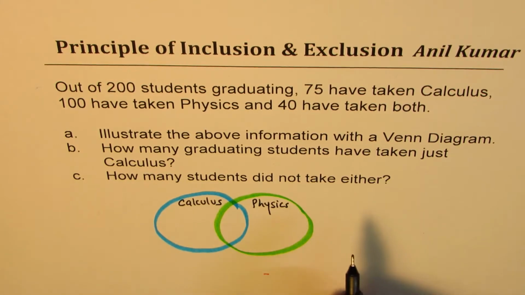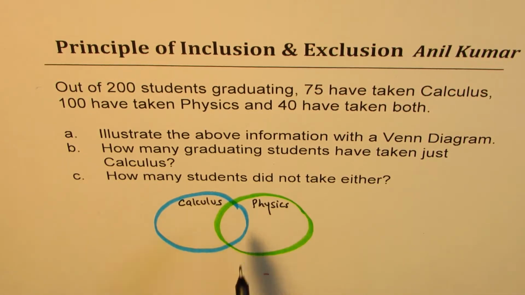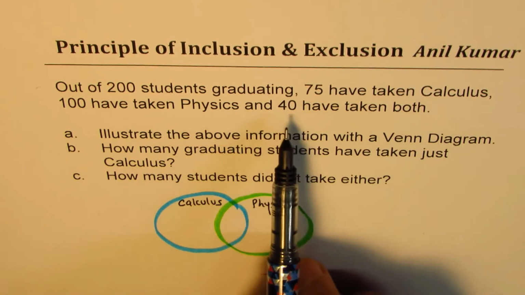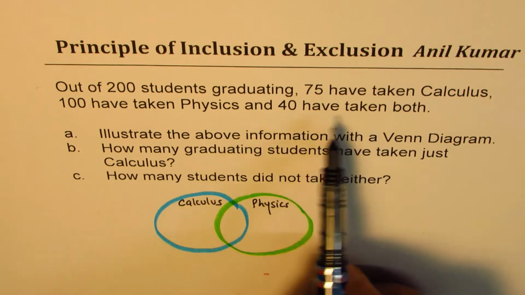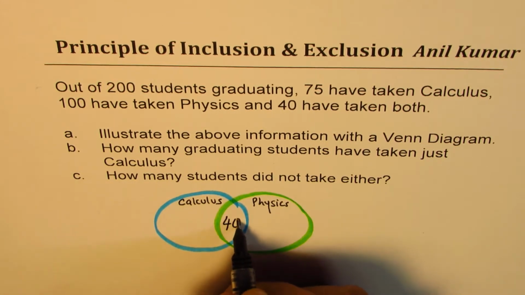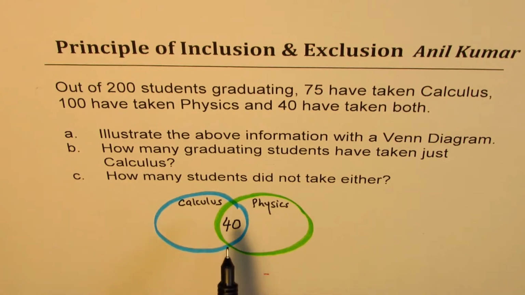Now whenever we are filling in numbers in the Venn diagram, we have to start from inside out. So we are given that 40 have taken both. So that is the inside number. 40 have taken both. Do you see that? That's a very critical number. So the students graduating, 40 of them have taken both calculus and physics.